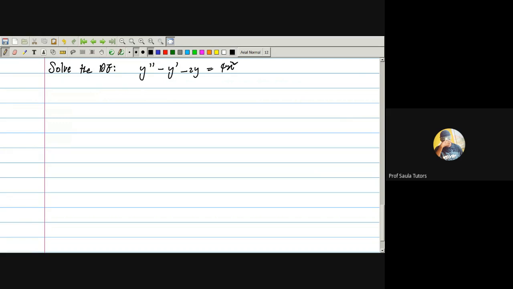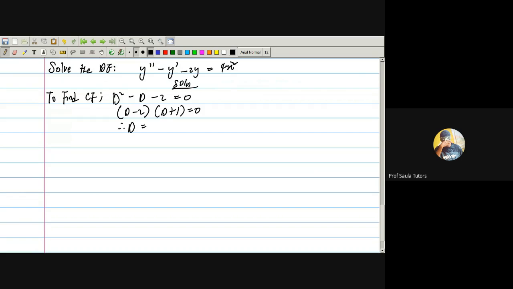Let's go. Now, solution. Remember, the first step is to find your complementary function. To find the CF, we use D squared minus D minus 2 equals 0. So what do we have here? D minus 2, D plus 1 equals 0.